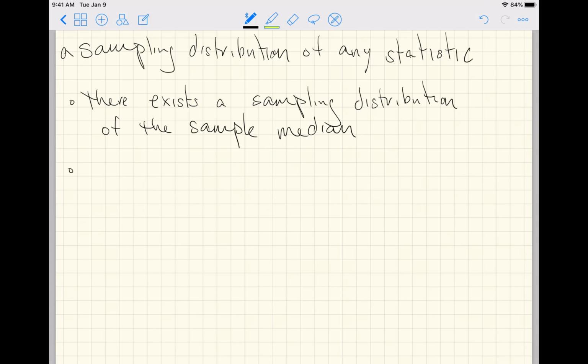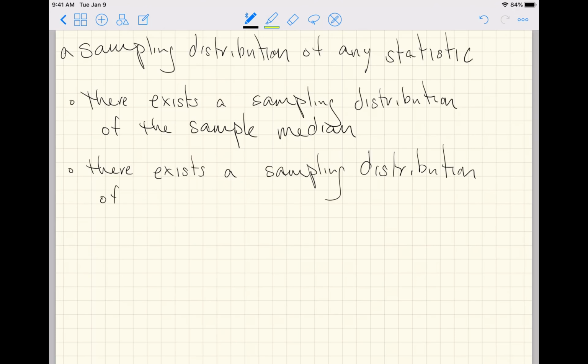Okay, let's try again. There exists a sampling distribution as if you and all of your friends plus an infinite number more went out and took from the same population your own random samples, and each of you calculated the standard deviation.